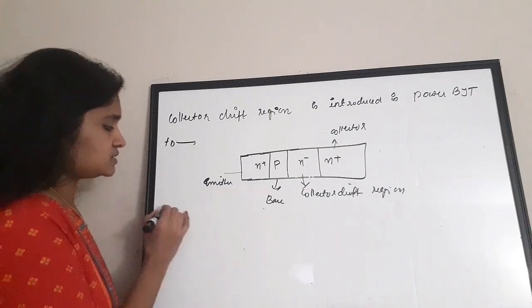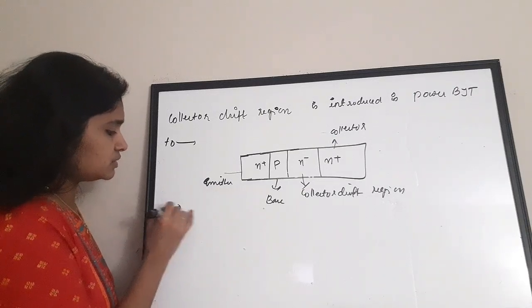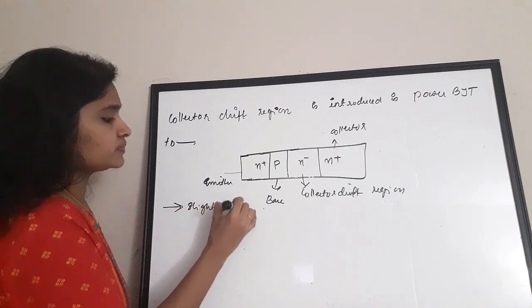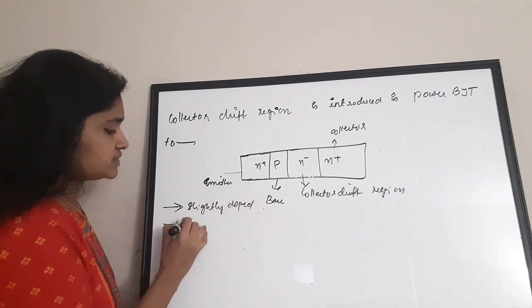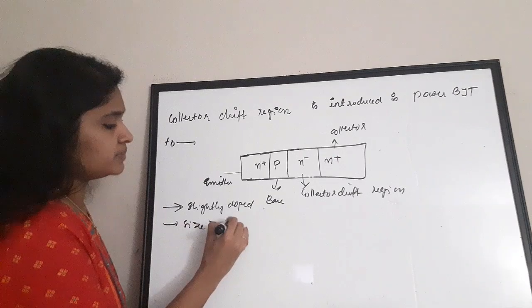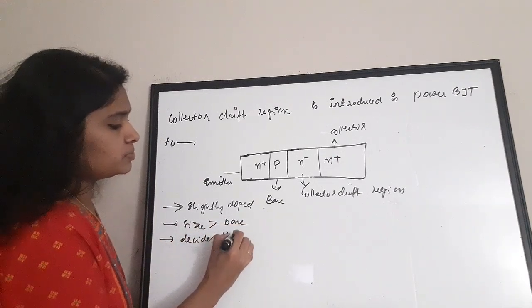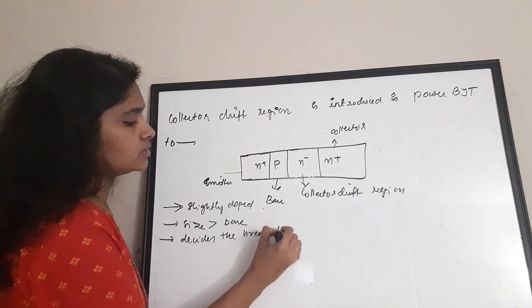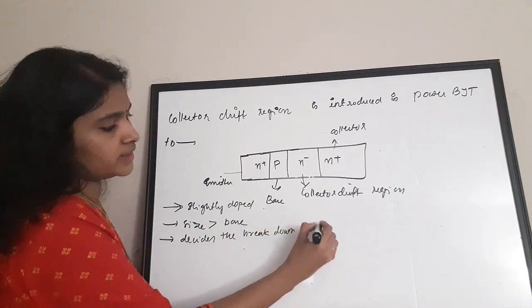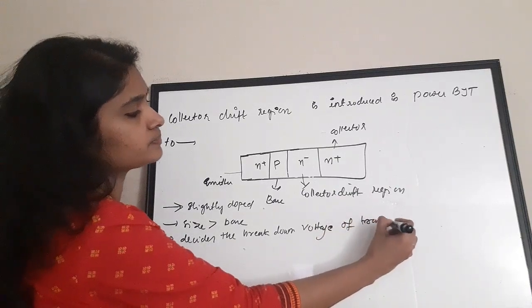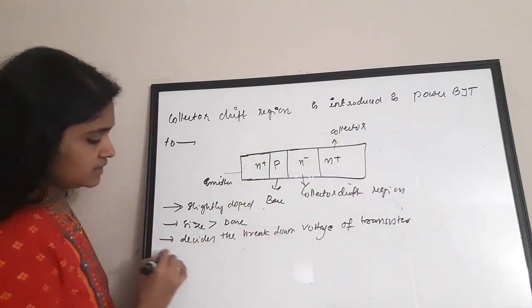So the main features, we'll discuss briefly. It is slightly doped. It has a size greater than the base, and it decides the breakdown voltage of the transistor.